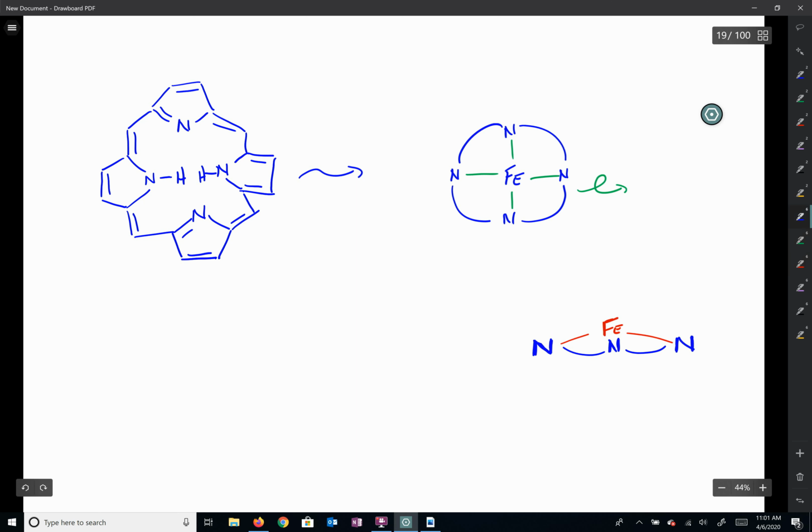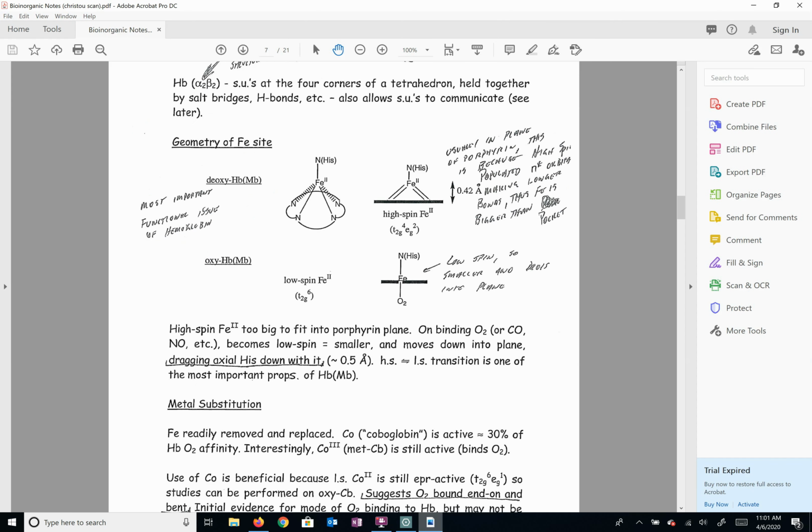I'm just looking at this from the side on. So I took this and rotated it from the side. This is the plane of the porphyrin ring. I hope that makes sense. I'm basically taking all the pictures we had and rotating them from the side.